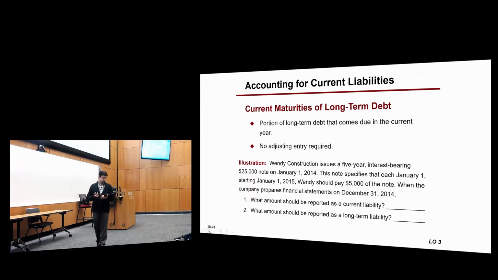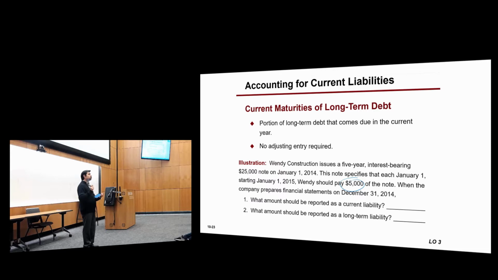Okay? So for example, Wendy Construction issued a 5-year interest-bearing $25,000 note on January 1st. This note specifies that each January 1st, starting January 1st, 2015, Wendy should pay $5,000 of the note. So this is more like what?